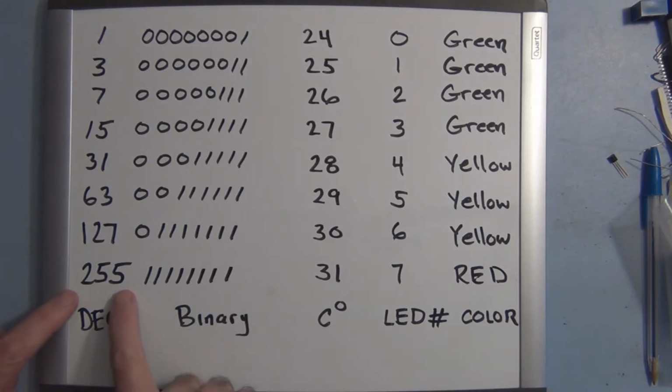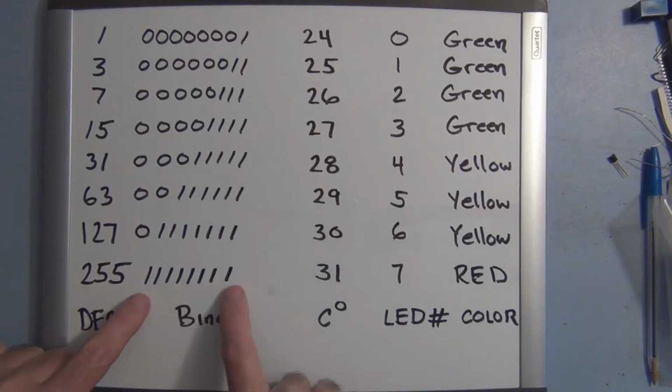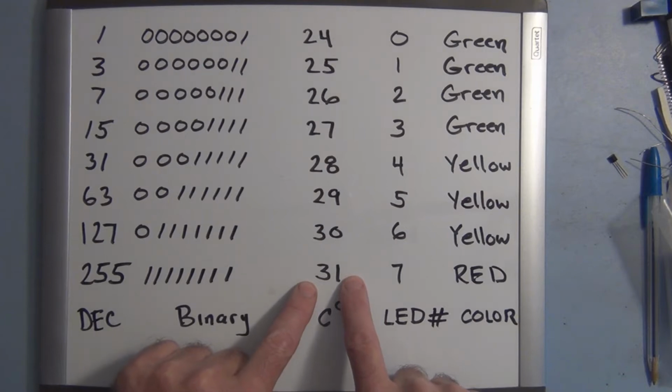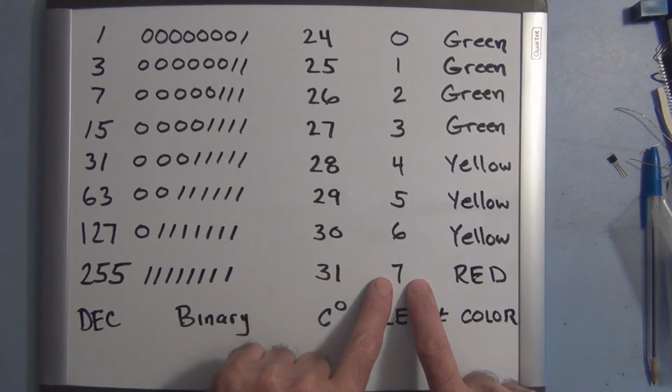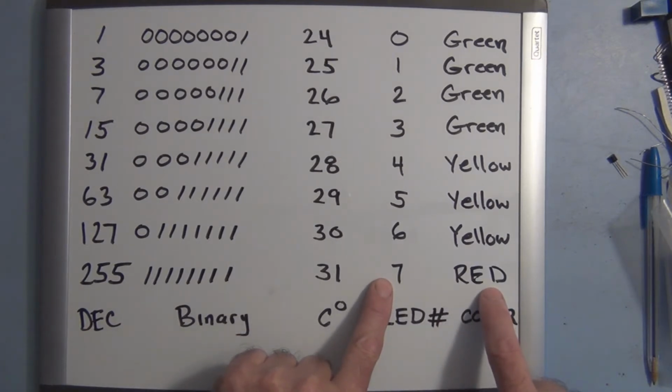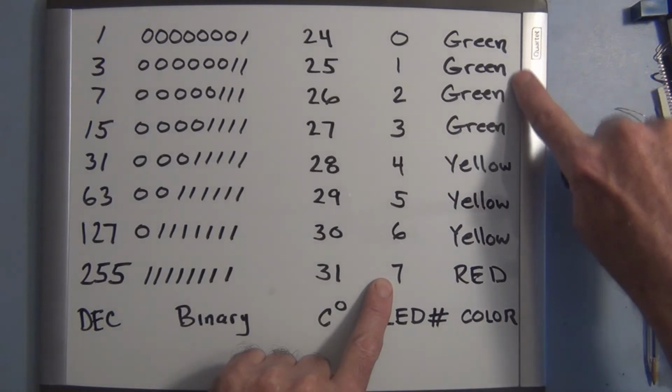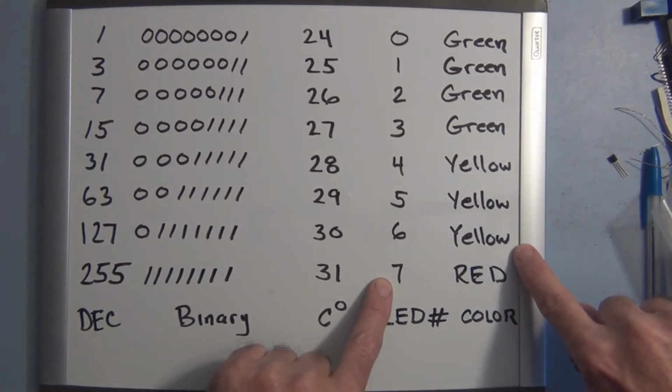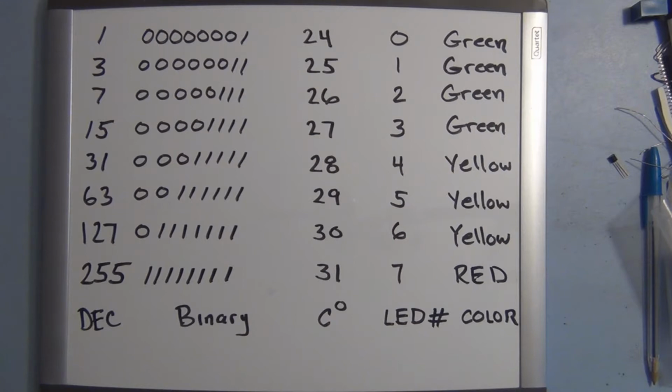If we just pick the highest temperature, we're going to have a decimal number we're going to manipulate, 255, which is translated into 8 ones, which is also going to be representative of a 31 degree temperature reading, and it's going to light the red LED in addition to all these previous LEDs, which are going to remain lit. So somehow in the program we have to bring all this together, all these associations. So let's take a look at the program.